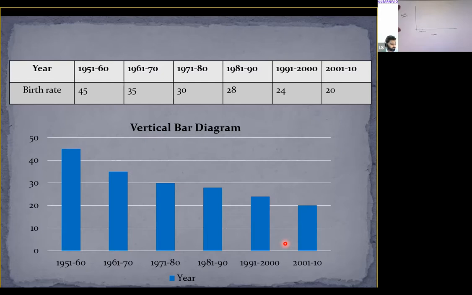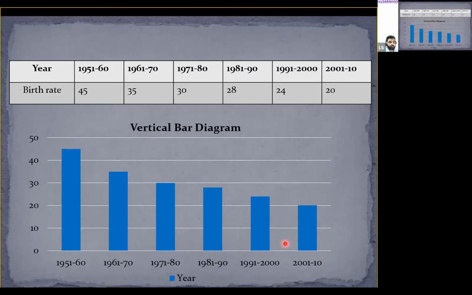So let's first of all take the various classes 10, 20, 30, 40, 50, 60. All right. So first of all, we will present the data regarding 1951 to 1960.